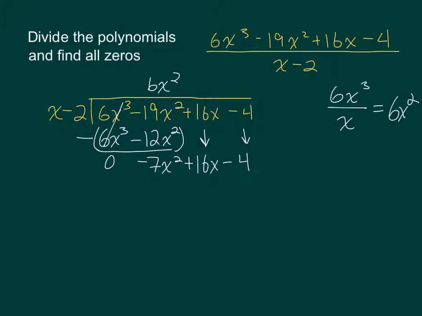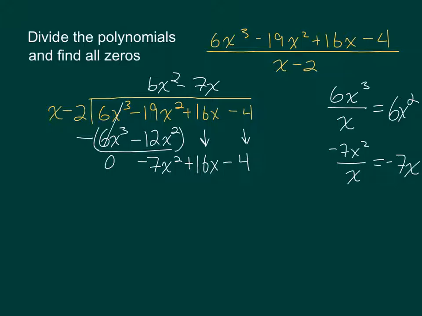So with the new dividend here, we divide the first term of the dividend, negative 7x squared, by the first term of the divisor. Notice the first term of the divisor does not change. So when we do this, we're left with negative 7x. And again, I'm going to line that up on the top, that's part of our quotient, minus 7x.